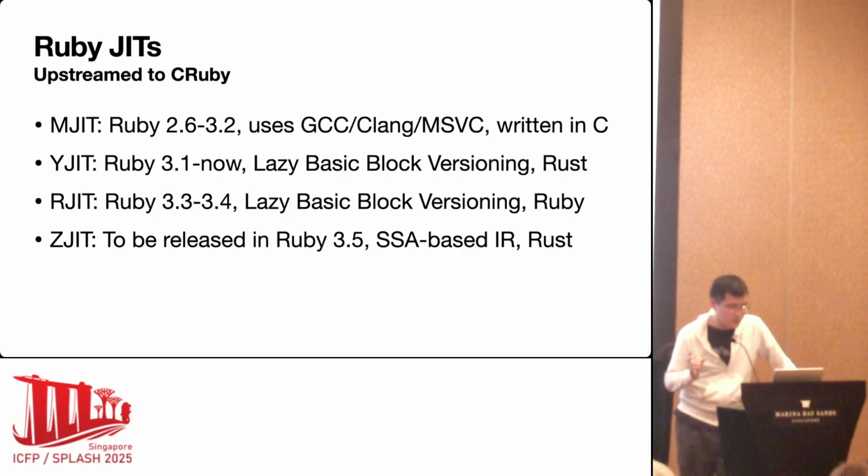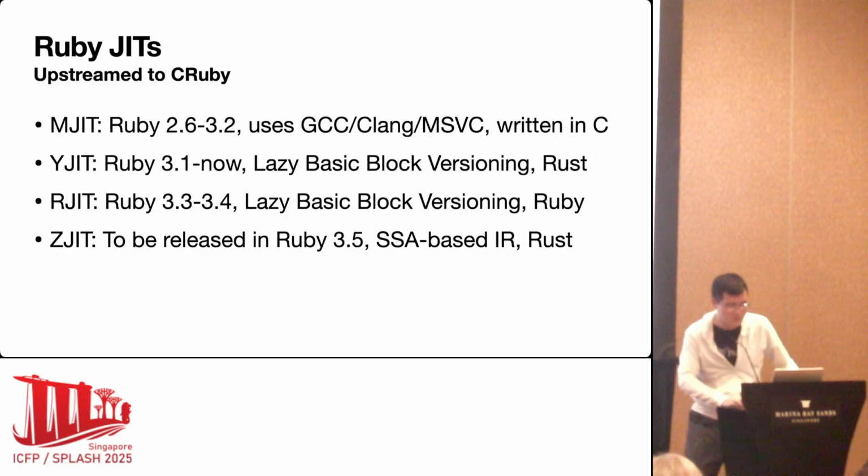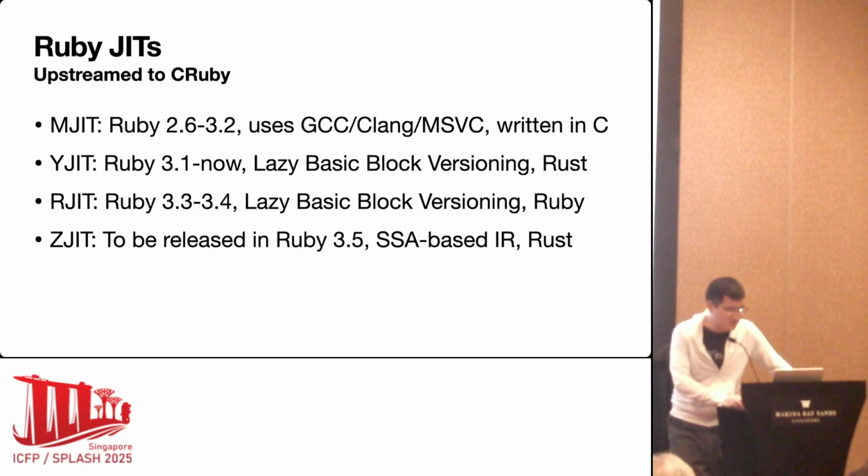That also supports compiling the C code with the major C compilers we wanted to support, mainly GCC and Clang, but there's also a Windows maintainer who insisted on supporting it, so we also supported Microsoft Visual C++. That was originally written in C, then we rewrote it in Ruby, but that was mainly a C-based implementation.